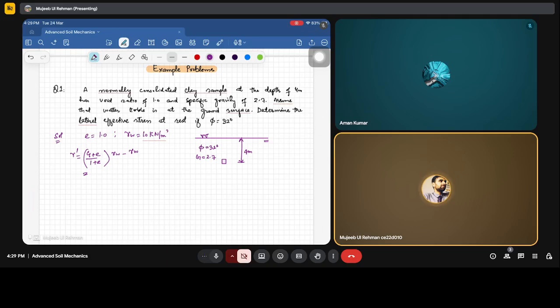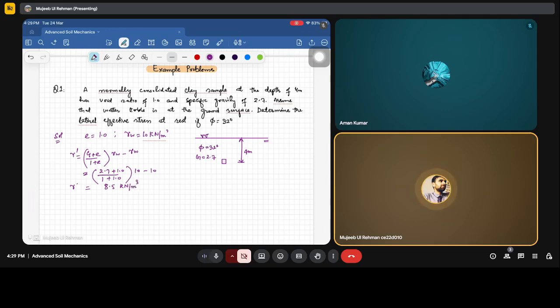Now G is given as 2.7, plus 1.0, divided by 1 plus 1.0, into 10, minus 10. I have a calculator, I will do it on the calculator. So you will get it as 8.5 kilonewton per meter cube.